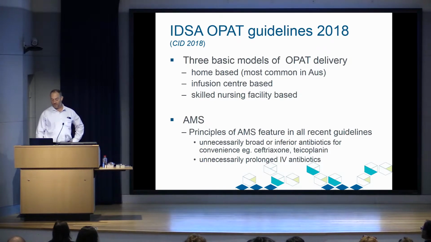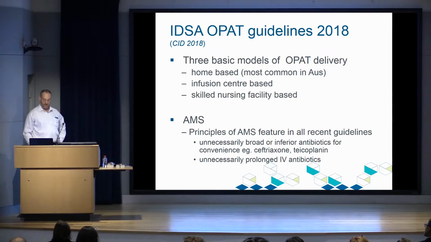And as you'll see from one paper later on, when people are referred to a HIF, OPAT, COPAT service, they may end up, if there's not good governance, receiving unnecessarily prolonged IV antibiotics.